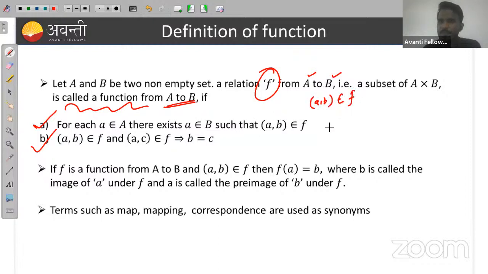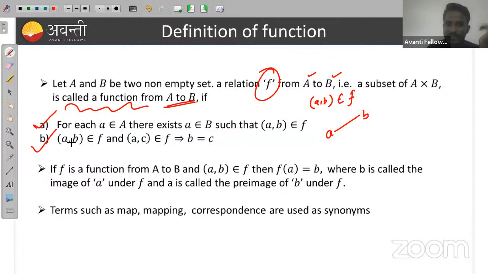Okay, that is simple. And the second point is also simple. As I told, it's a relation between input and output. In this case, A is the input and B is the output, and the output must be unique. The same point has been written in the second condition: (a, b) belongs to F and (a, c) belongs to F. That is, for input a we get b.